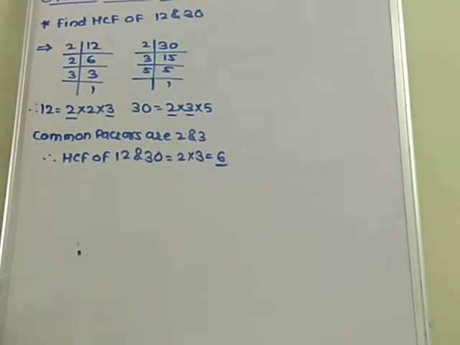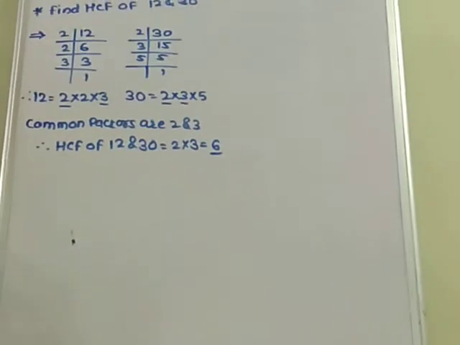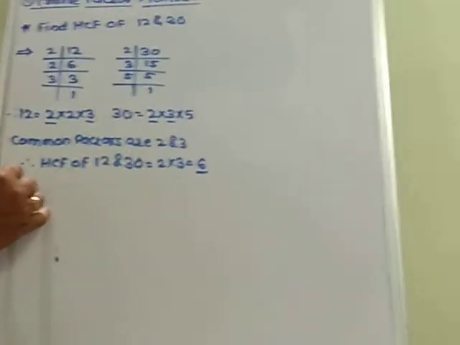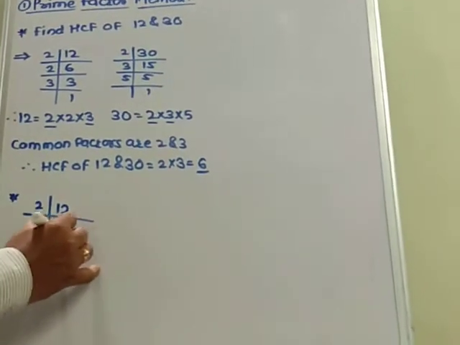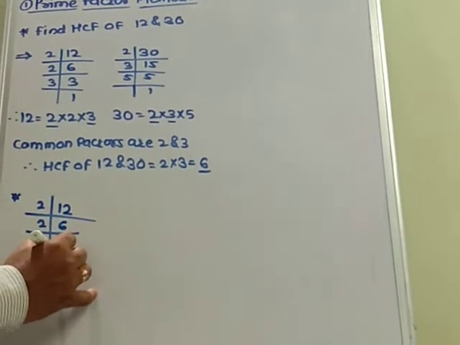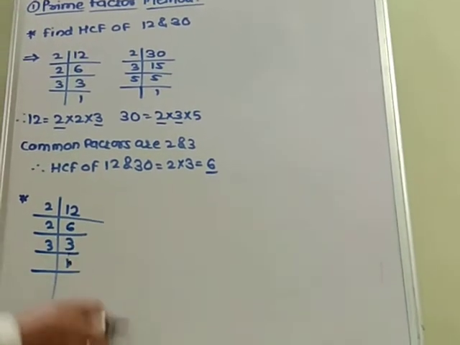We take another example, 12 and 36. For 12, 2 6s are 12, 2 3s are 6, 3 1s are 3. Right, here it finishes.